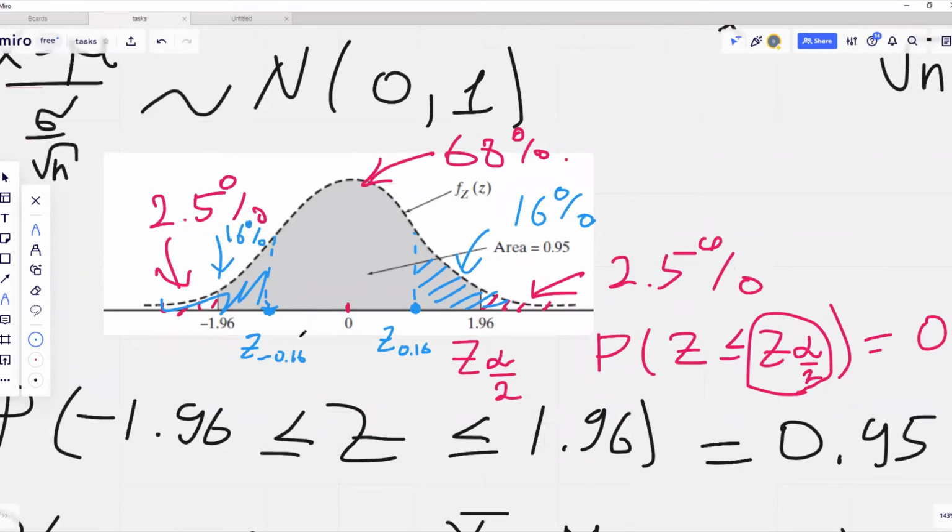This critical value is equal to 1 and the negative value is given as -1.